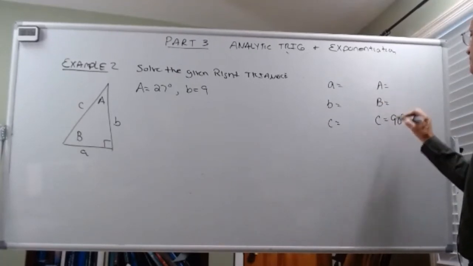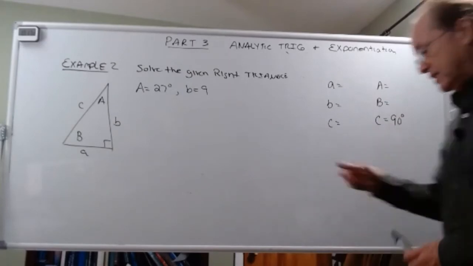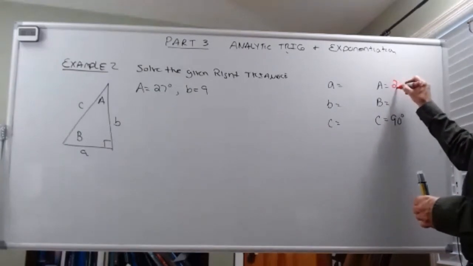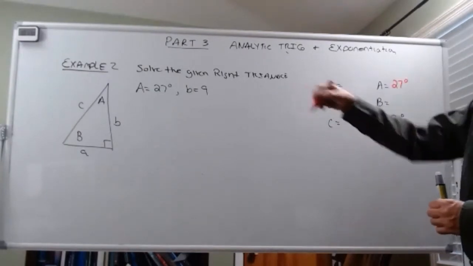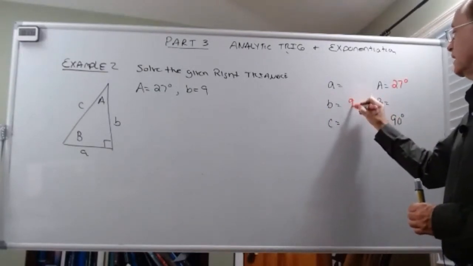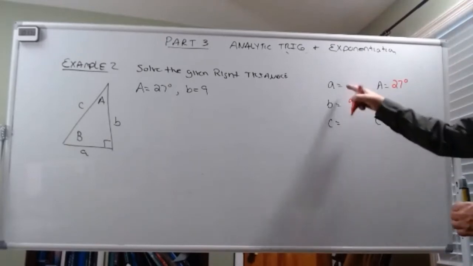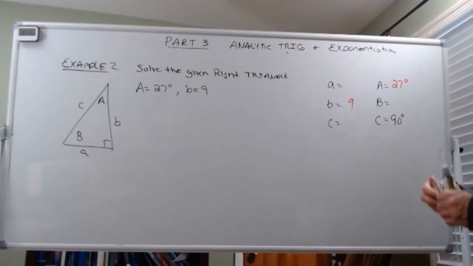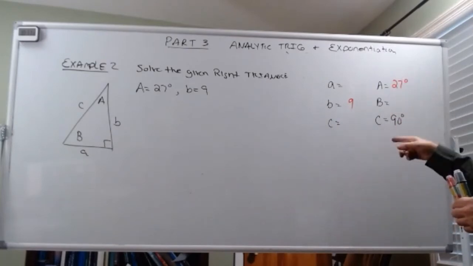In this problem, they started out by giving us A is 27 degrees, and they gave us B over here is 9. So I now have to find the length of A, the length of C, the hypotenuse, and the measure of angle B. Well, the measure of angle B is easy.